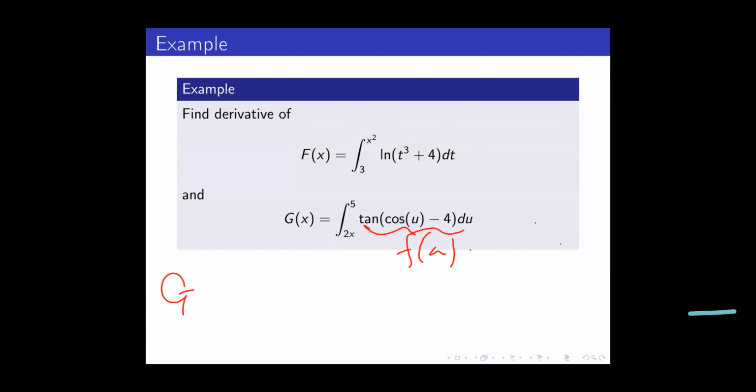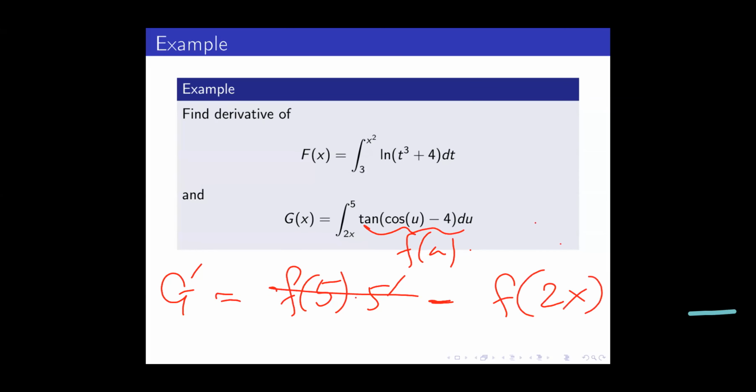So g prime is going to be f at the point 5 times the derivative of 5, but this is 0, and then minus f at the point 2x times the derivative of 2x, which is 2.